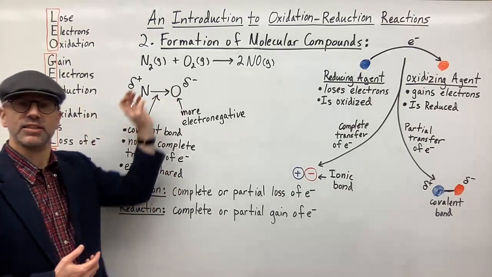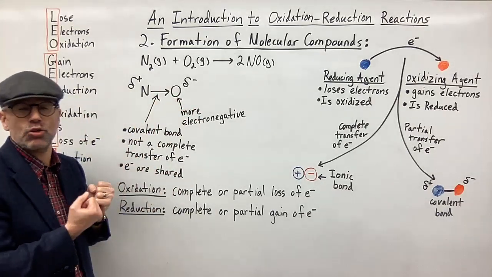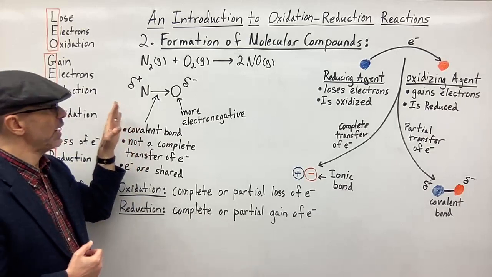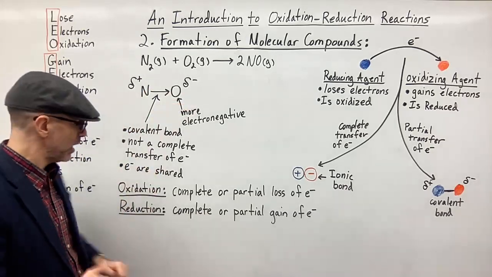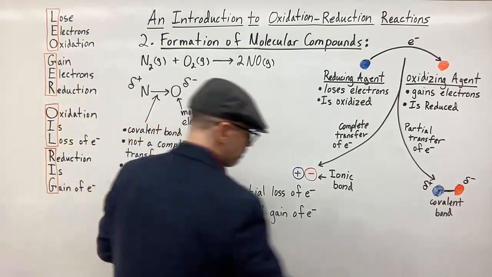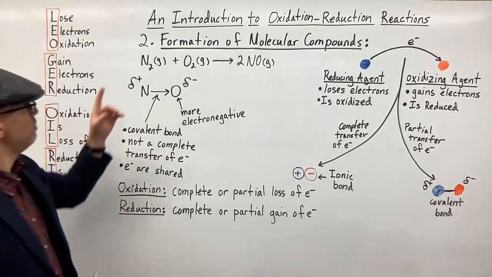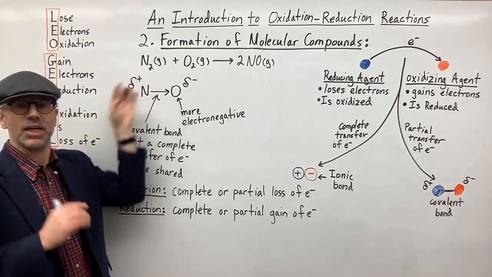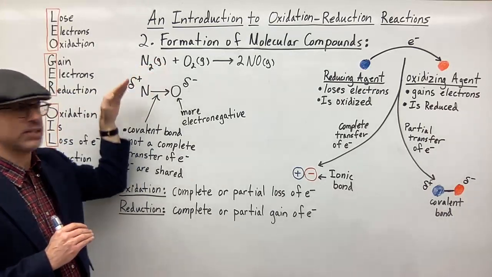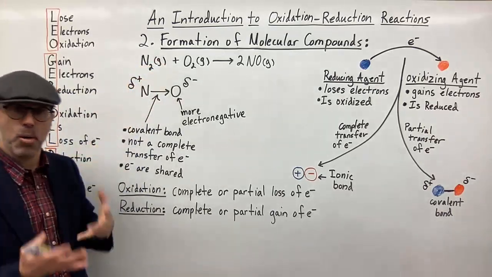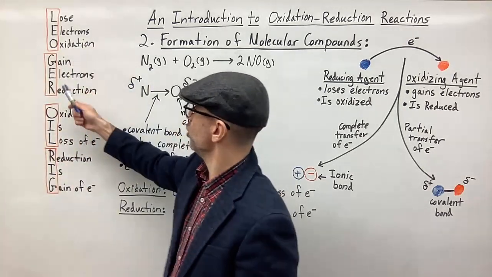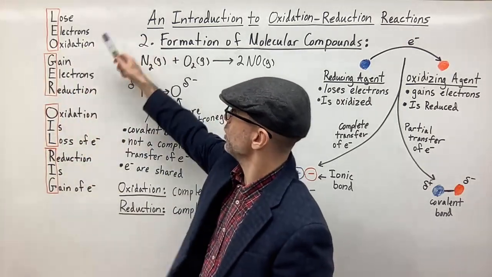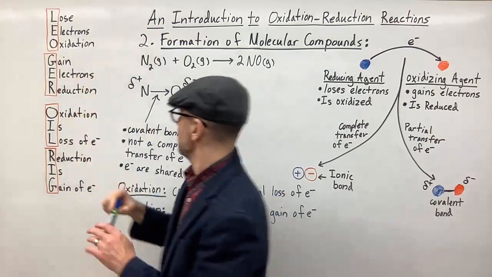The oxygen is going to be taking those electrons more. So again, this is a partial transfer, but the idea is the same. So if we think of it just as a partial transfer, nitrogen is giving the electrons to oxygen partially, but again, using LEO GER or OIL RIG, we know that loss of electrons is oxidation.